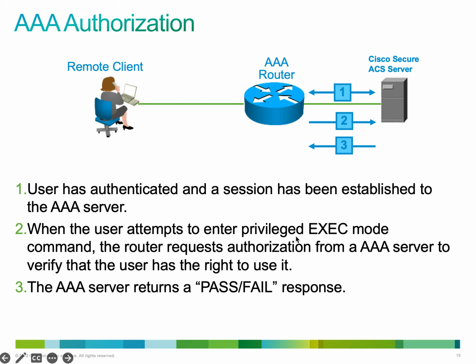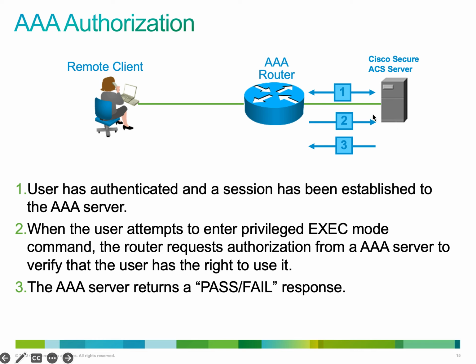Okay, the programmers and the network analysts and the admin, they have the privilege exec mode. So when a client or a user requests a privilege exec mode command, the router will request authorization from where? From this AAA ACS server.